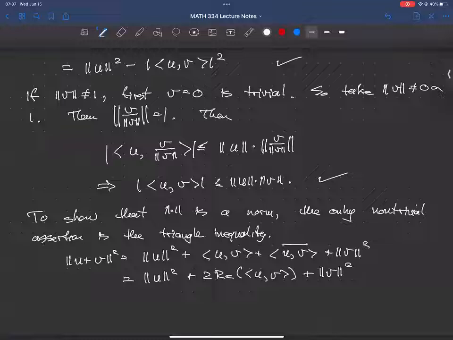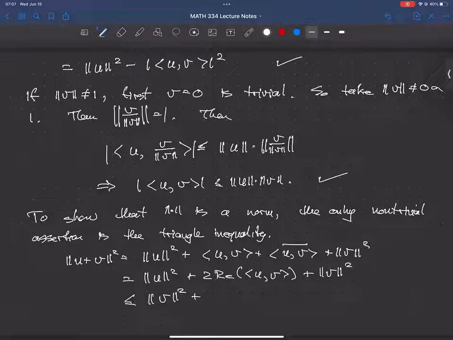And so this is going to be now less than or equal to the modulus.